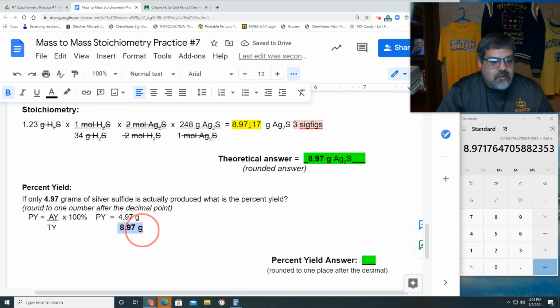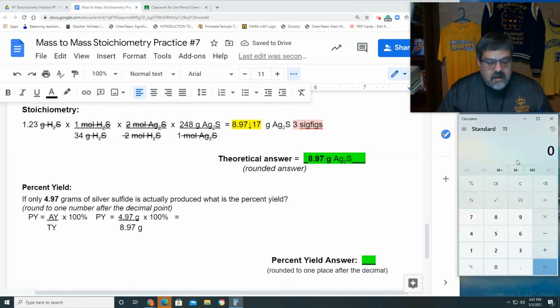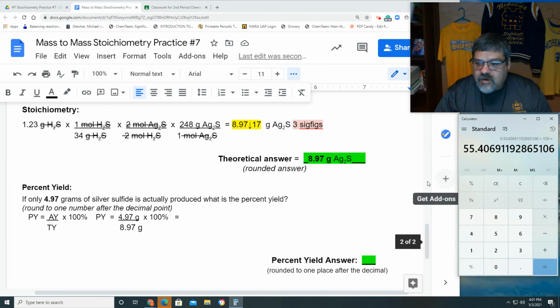Okay, and we're going to take away the boldness on that, and underline that, and then we're going to multiply that by 100, and that's going to give us our answer. So let's go ahead and go back to our calculator. Okay, and we're going to put 4.97 divide by 8.97 multiply by 100, and that's going to give us 55.4.